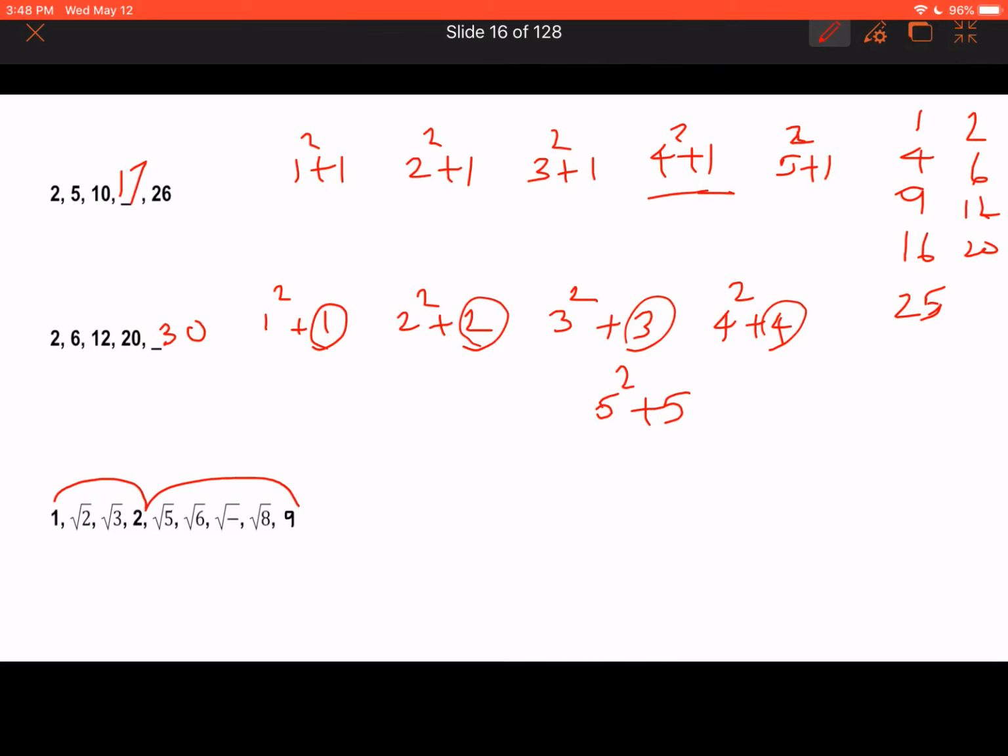So root 2, if I just multiply this number with the same value, 1 times 1 is 1, root 2 times root 2 is 2, root 3 times root 3 is 3, then 2 times 2 is 4, root 5 into root 5 is 5, root 6 into root 6 is 6. So I'm able to see the pattern, right?